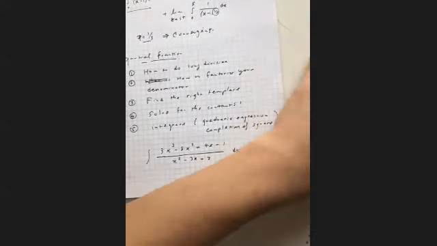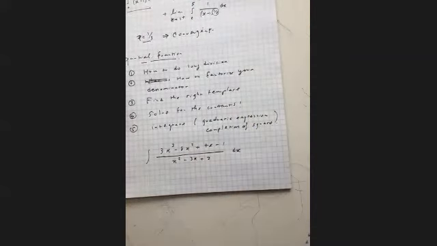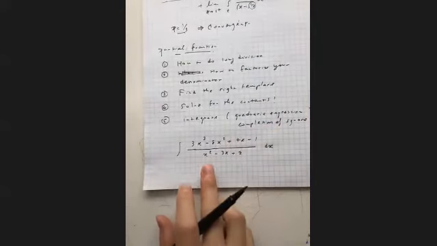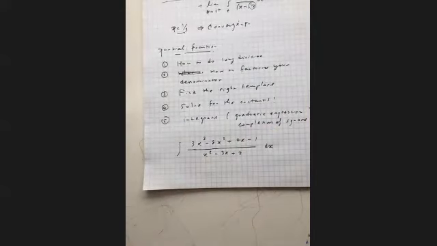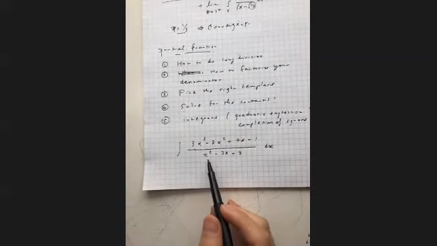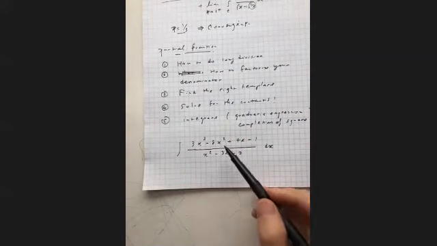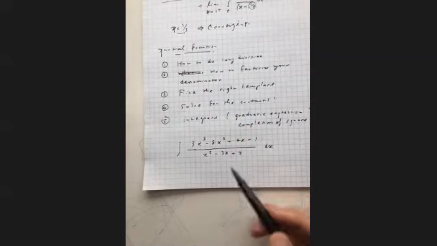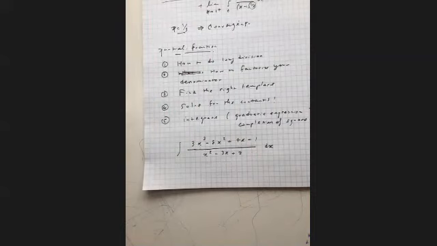We try to figure out how to integrate this expression using partial fractions, because there's no other way you can do it. This is a typical partial fraction question: you have a polynomial in the denominator and a polynomial in the numerator. That's essentially the only technique we have besides substitution, if that's not easy to see.